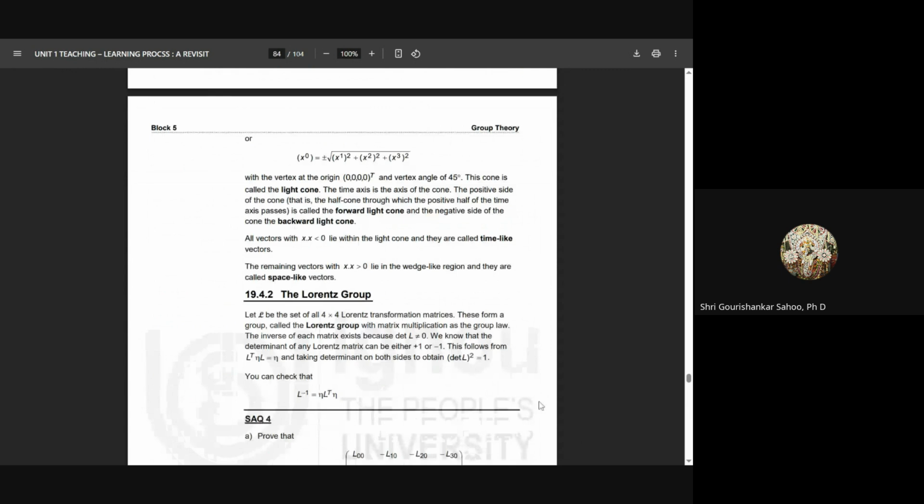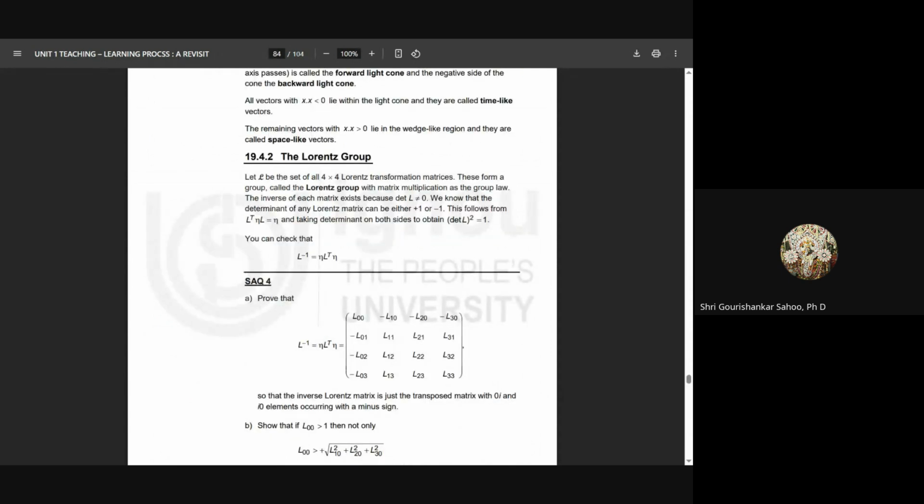Then the Lorentz group. Let L be the set of all 4 cross 4 Lorentz transformation matrices. These form a group called the Lorentz group, with matrix multiplication as the group law, and the inverse of each matrix exists because the determinant of L is not equal to 0. You know that the determinant of any Lorentz matrix can be either +1 or -1.